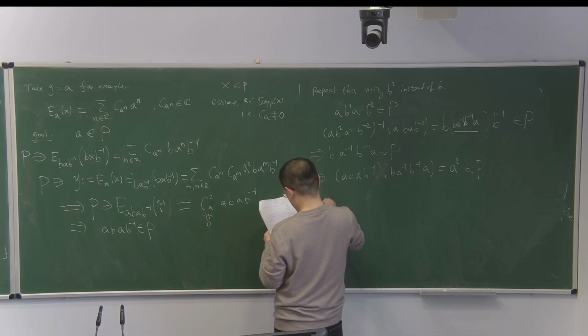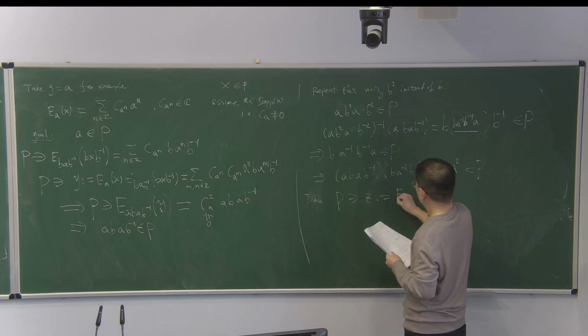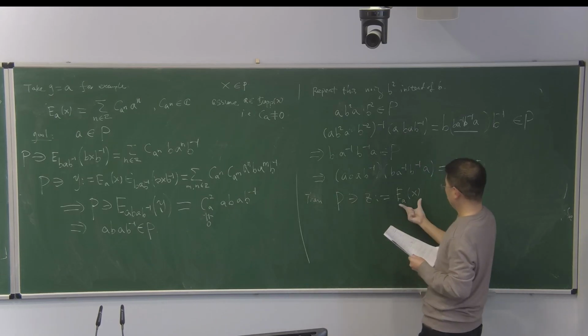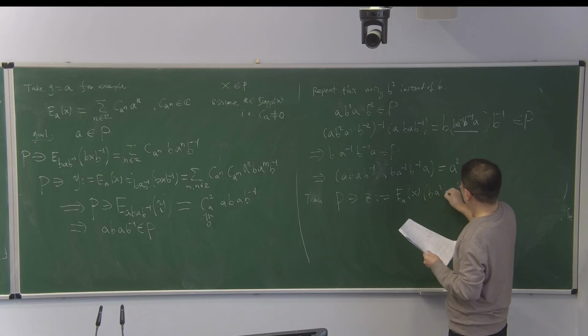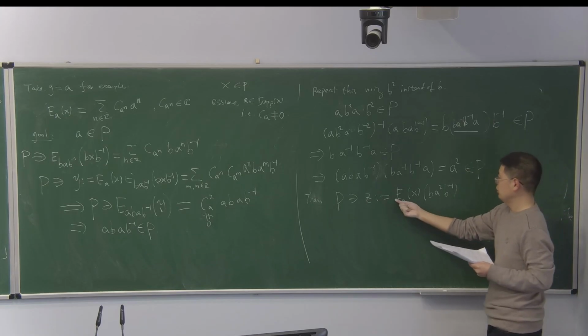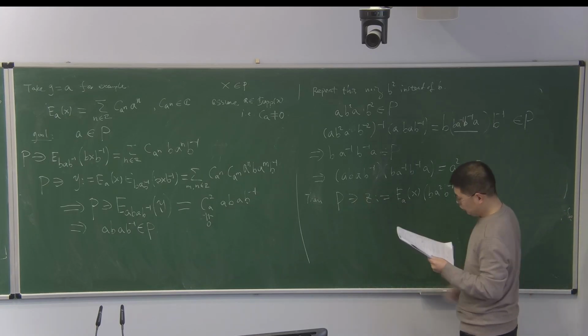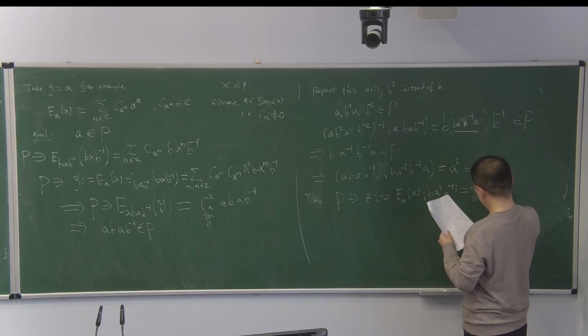Then we do something similar. We compute Z, defined as this element in P, multiplied by the conjugation of an element in P. So it's still an element in P. The product of two elements in P, defined as Z, is in P. So what's the Fourier expansion?